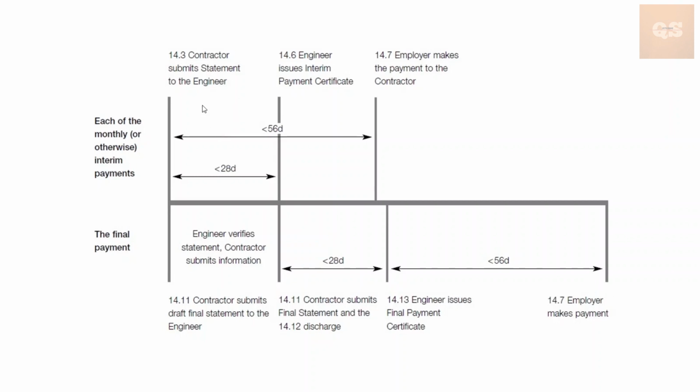In the interim payment application, from the time the payment application is submitted till the payment is received, there is a gap of 56 days, whereas in the final payment stage, once the draft is submitted till the payment is received, there is a gap of 28 plus 28 plus 56, so almost double, that is 112 days. So within 112 days of submitting the draft final statement, the payment needs to be received by the contractor, and here within 56 days. So hope these timelines are clear.